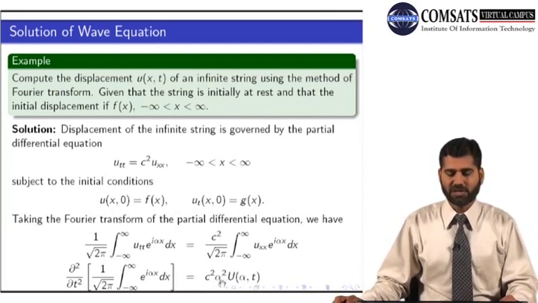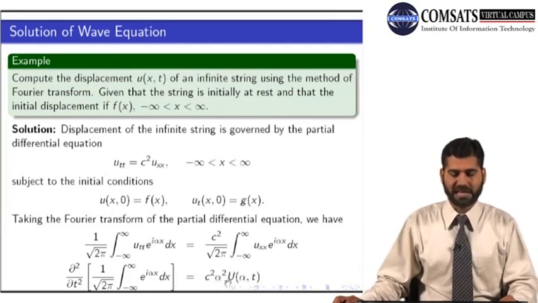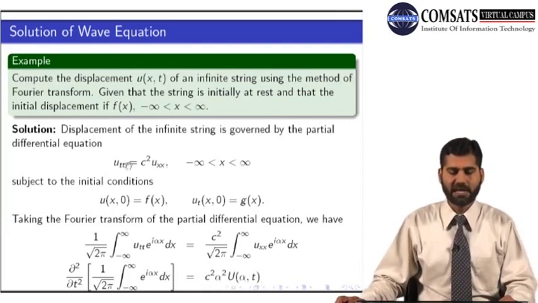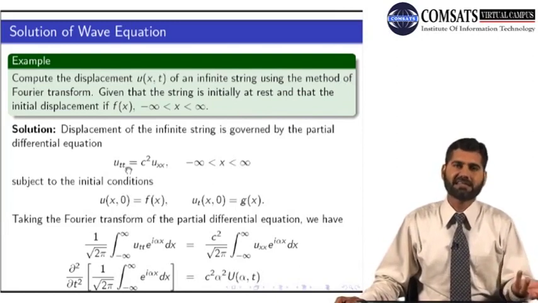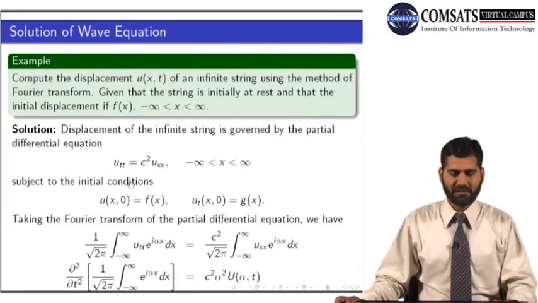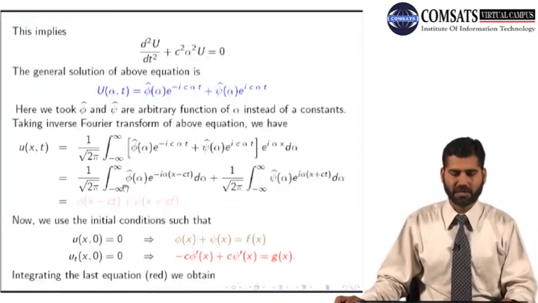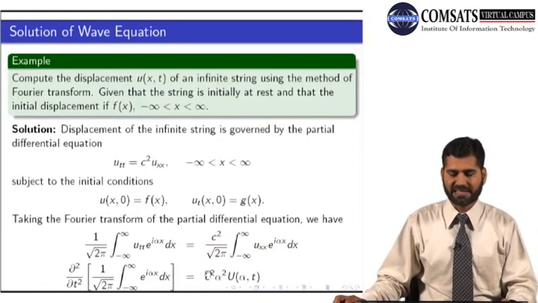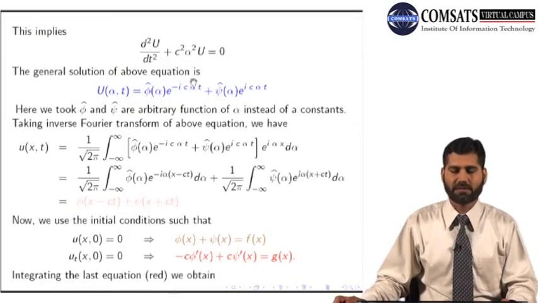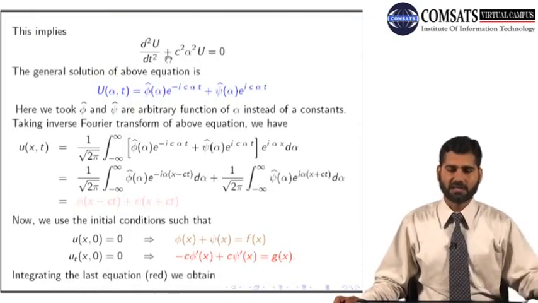Iota alpha square U(alpha, t). So that gives you negative c square alpha square, and u_tt is the second derivative of U, capital U, because with respect to time it's just the derivative. We don't put any formula. So all I got is this. This was negative c square alpha square, that's why it became plus c square alpha square on the left.